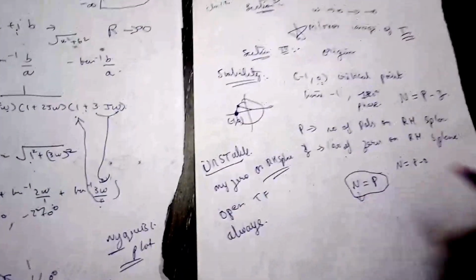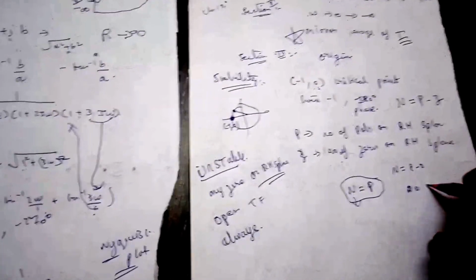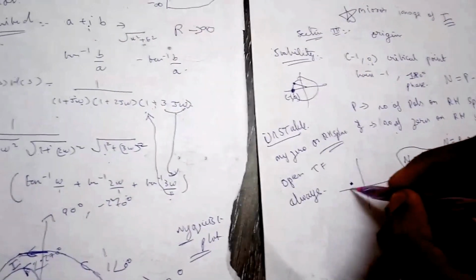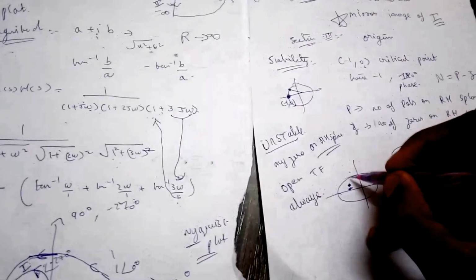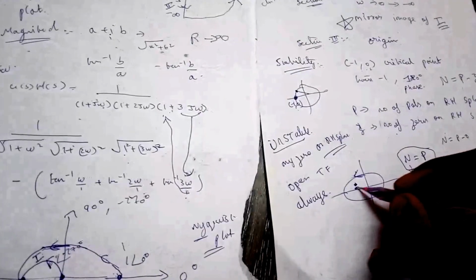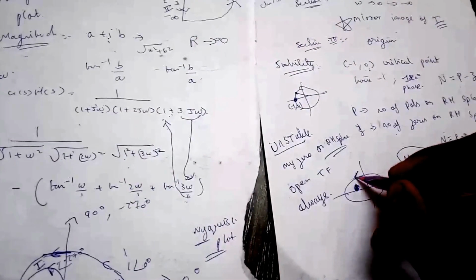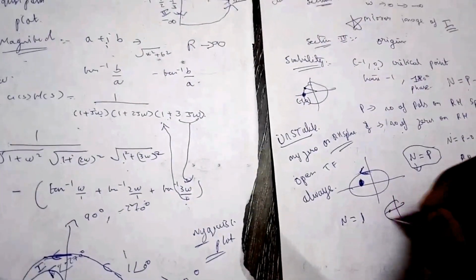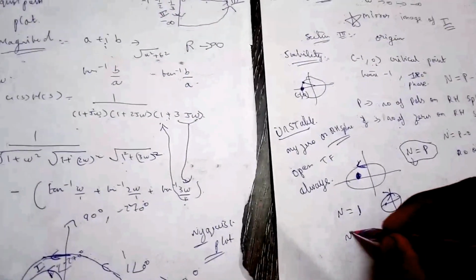Now what is this N? N represents the number of encirclements. We will now see what an encirclement is. So we consider a point here. If the Nyquist plot is going around this in the anti-clockwise direction, enclosing this part, then we have N equal to 1. Anti-clockwise direction we take as 1. If it is going clockwise, we have N equal to -1.